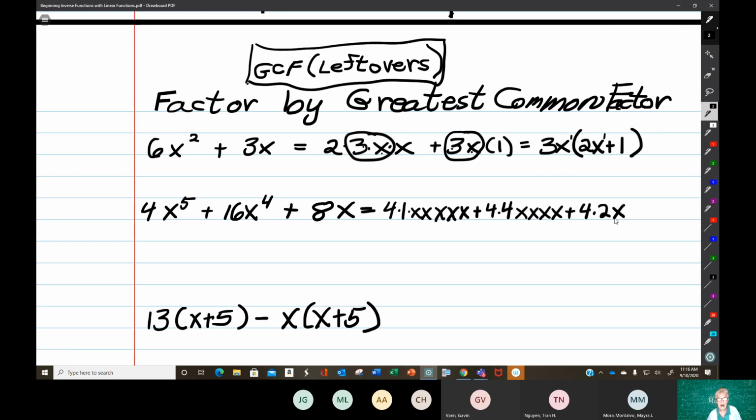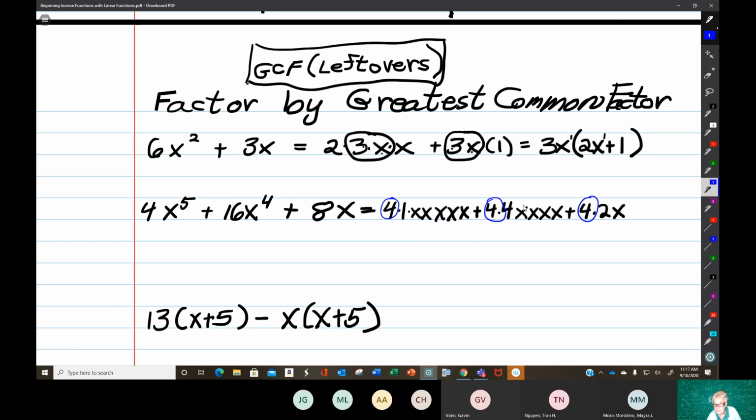So I need to find what all 3 terms have in common. What do they share? Well, for sure they share a 4. And here's 1x. Can I find 1x in each of these?